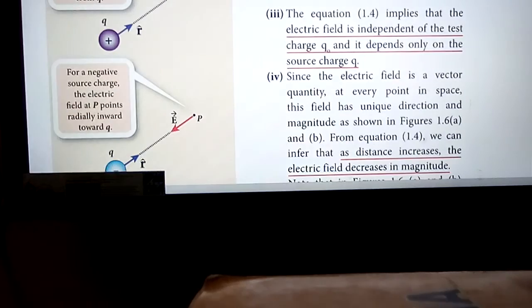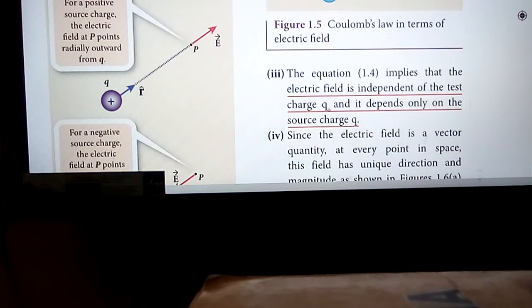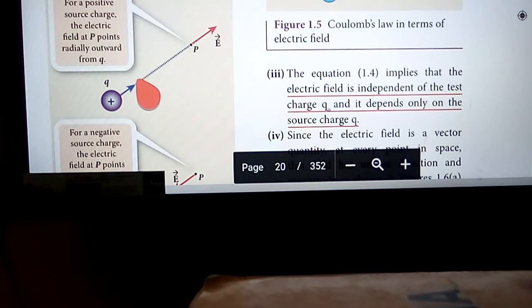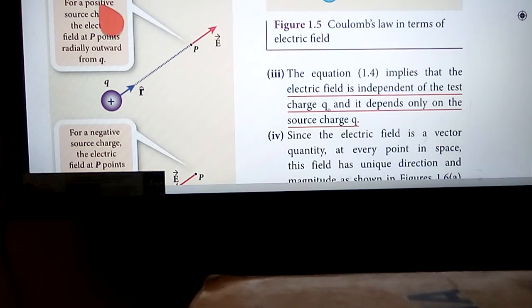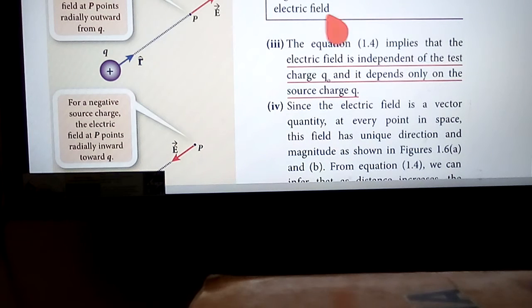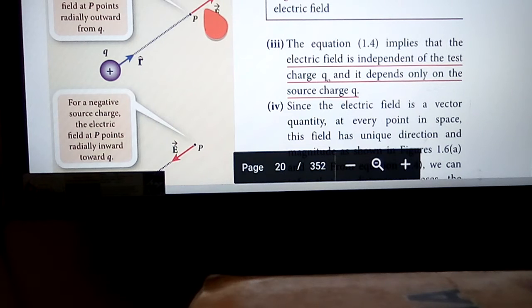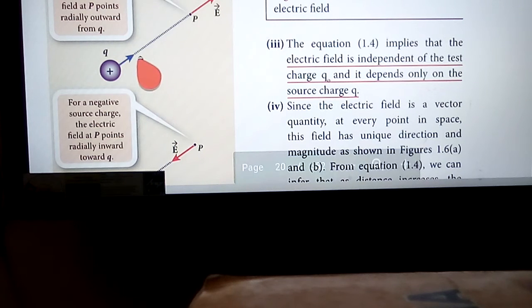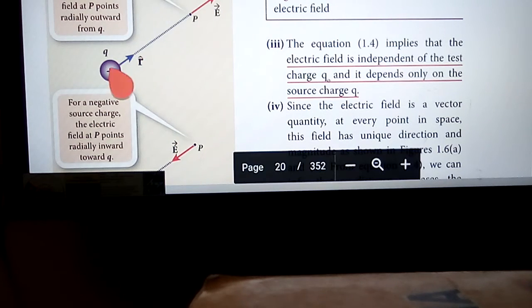You see that if the positive charge is placed here, then the electric field will be pointing outward, that is pointing away from the source charge. Here the red arrow mark shows the electric field, and the blue arrow mark shows the r unit vector. This is a positive source charge.